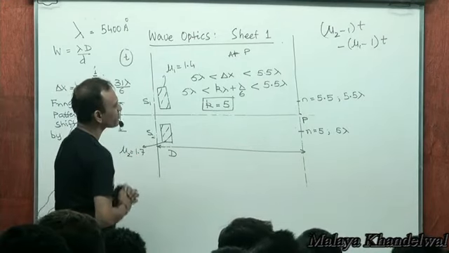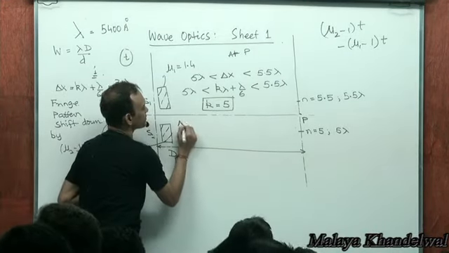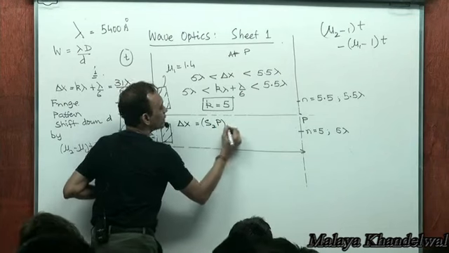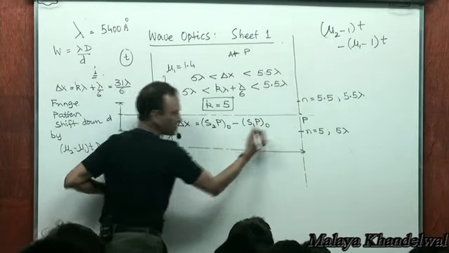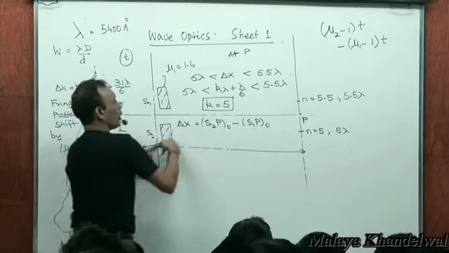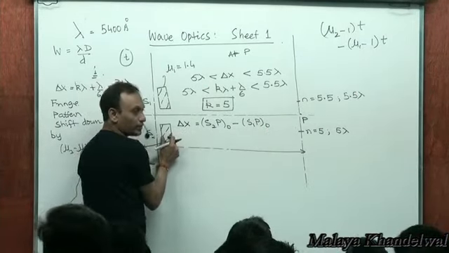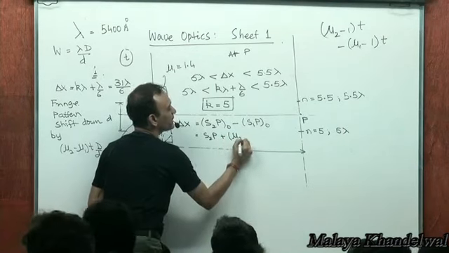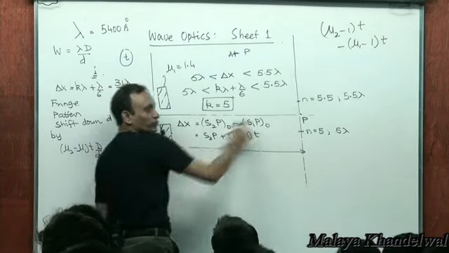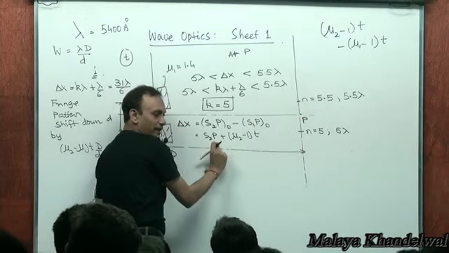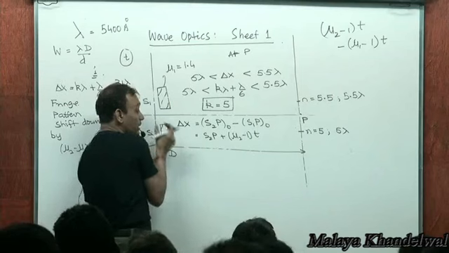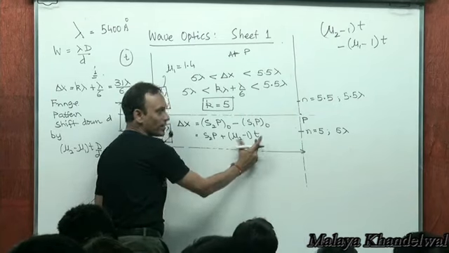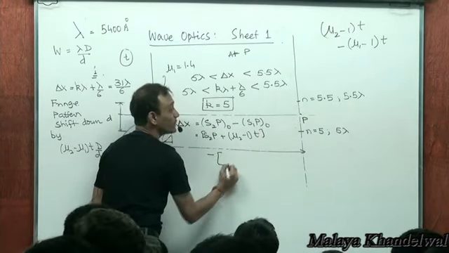See, there is nothing to it. If I have to write the path difference at P, S2P optical minus S1P optical is the path difference at P. S2P optical would be S2P geometrical plus the additional path that this provides, mu2 minus 1 into T. In the absence of the plate, it would just have been S2P, but when the plate is present, the path gets strengthened by this amount, minus S1P optical.